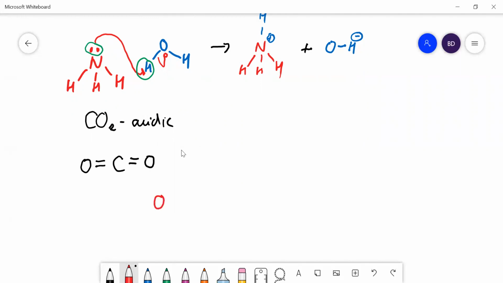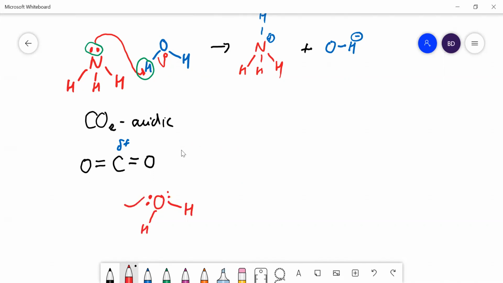So we've got a water molecule here, with 2 lone pairs on the oxygen. We know that carbon is going to be fairly delta positive because it's connected to 2 electronegative oxygen atoms. So one of these lone pairs is going to be attracted to the carbon, and the carbon can accept that lone pair.